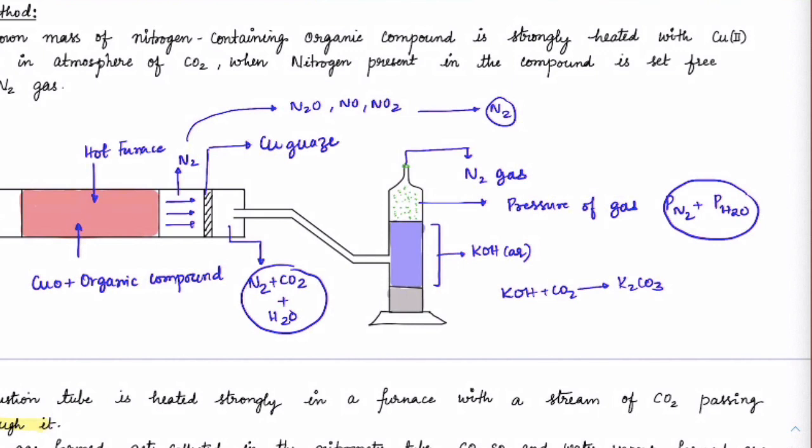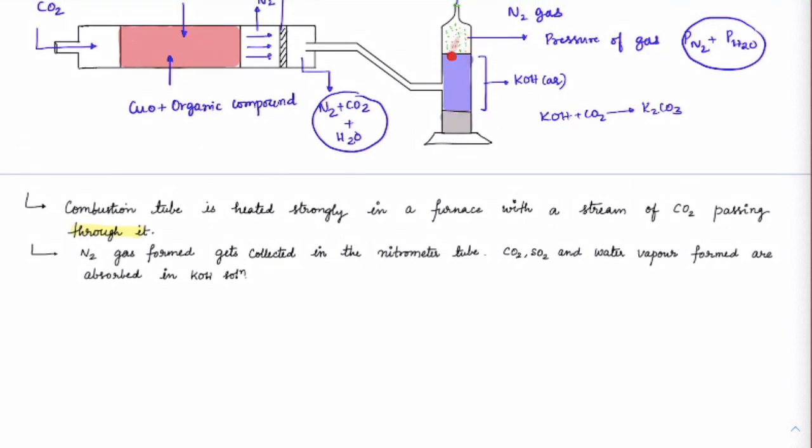That is nothing but aqueous tension, no? At a particular temperature, we define it as aqueous tension. So the collected gas will be the sum of the partial pressure of nitrogen and aqueous tension. This entire tube which is collecting nitrogen is called a nitrometer, correct?